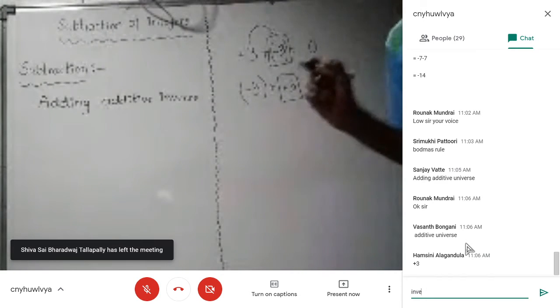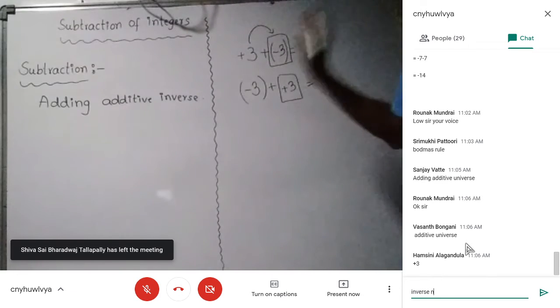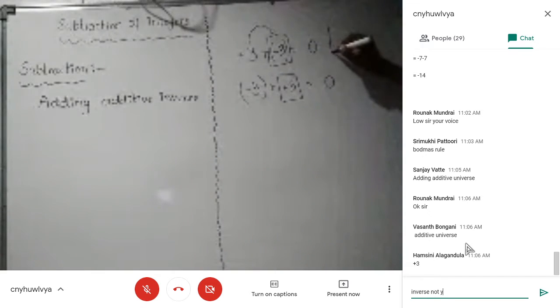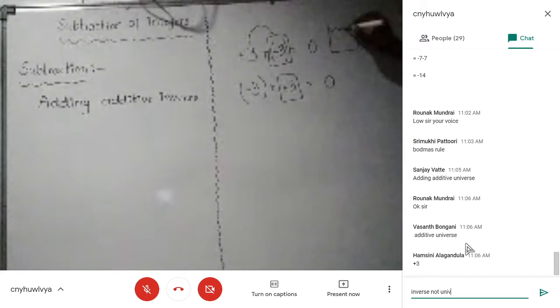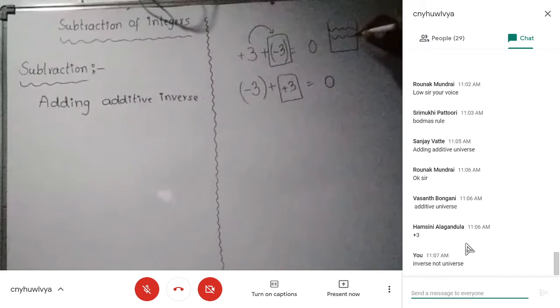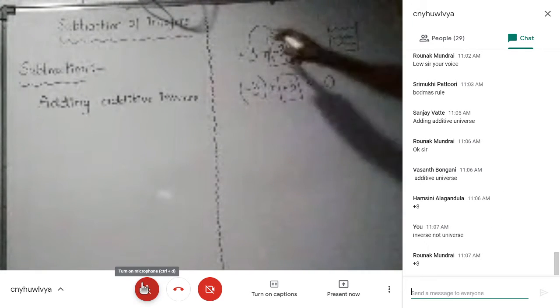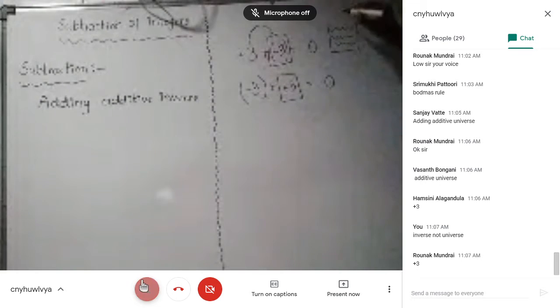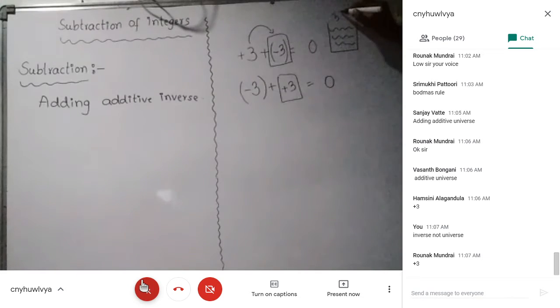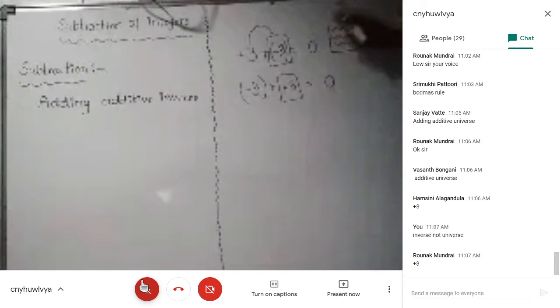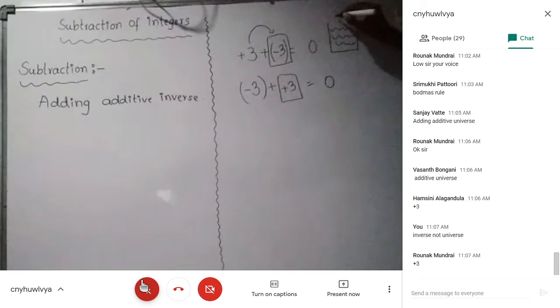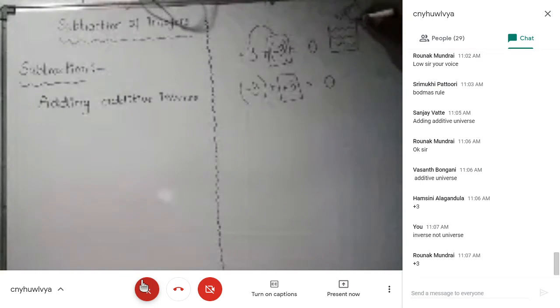It means something very simple. There is a glass of water. We have to make a neutral solution. How to make a neutral solution? For example, +3 means I added 3 spoons of sugar.